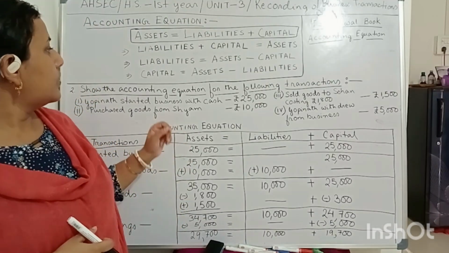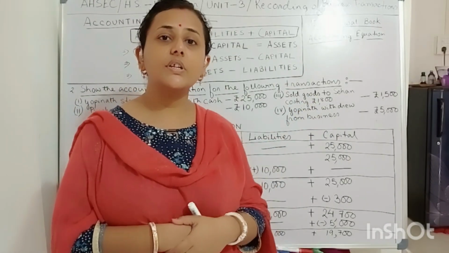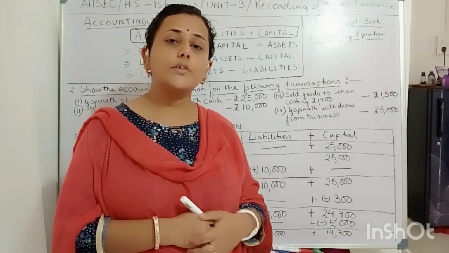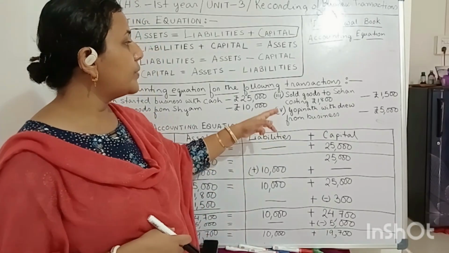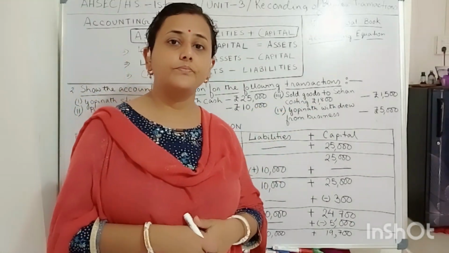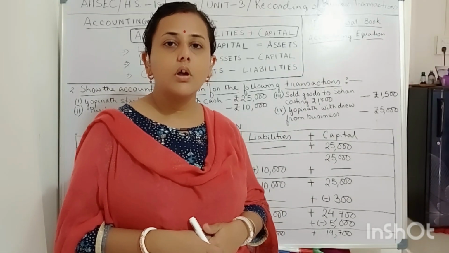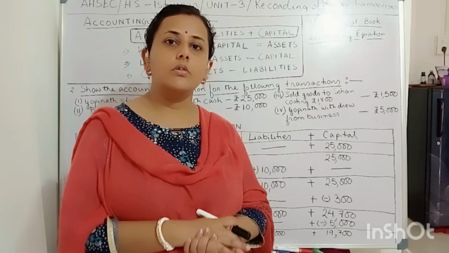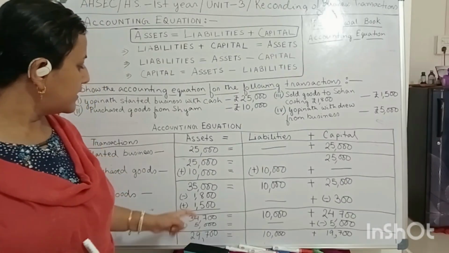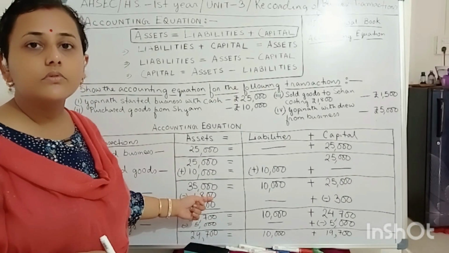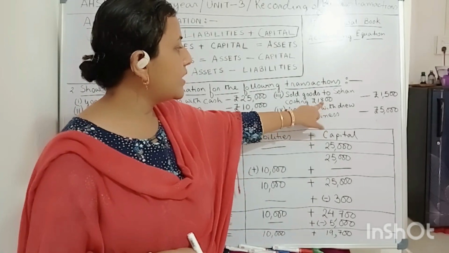Got it? Now come to the next point, sold goods to Sohan costing rupees 1800 for rupees 1500. So goods have been sold at a loss. Now what is the cost price of the goods? It is 1800 and it is sold at rupees 1500. Yes or no? The stock of value rupees 1800 goes out of the business, right? So it is negative 1800, because the value of the stock is rupees 1800, the cost price of the goods.